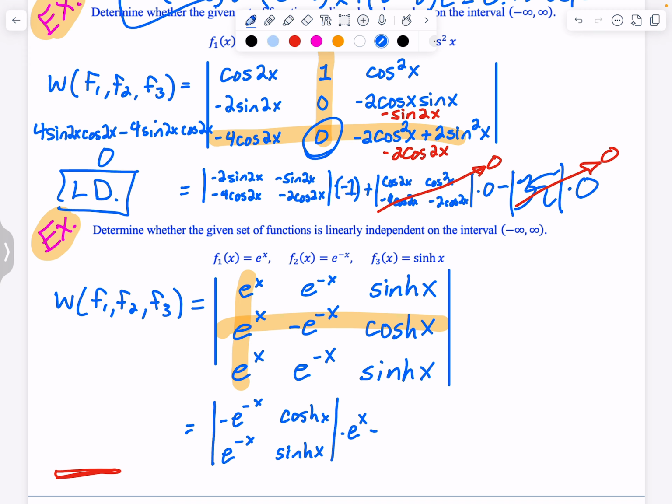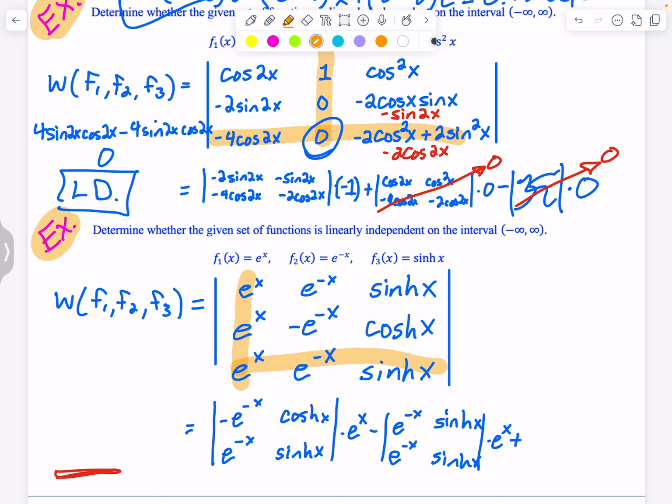So I'm going to minus, and then I got e to the negative x, e to the negative x, and I'm going to get sinh and sinh, and then times e to the x, plus, and then it's our last one here. Cover that up. I write down what's inside there, e to the negative x, negative e to the negative x, sinh, or cosh, and then all this is times e to the x.